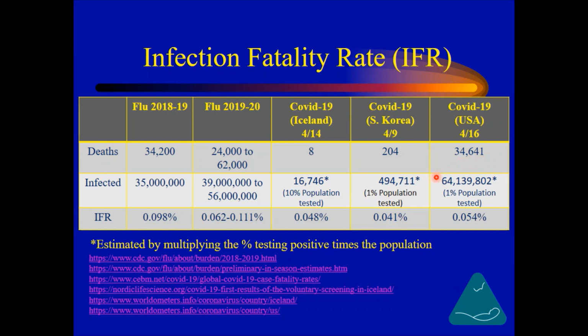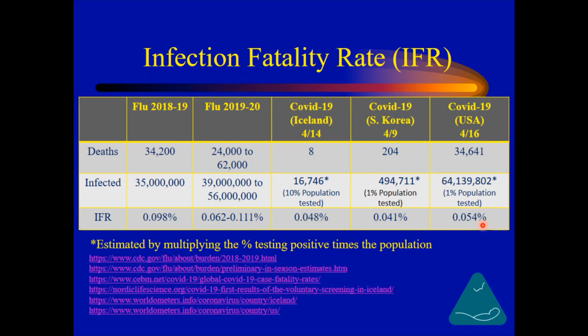The calculated number of people infected in the United States would be 64,139,802, with 1% of the population being tested. That calculates out to an infection fatality rate of 0.054.